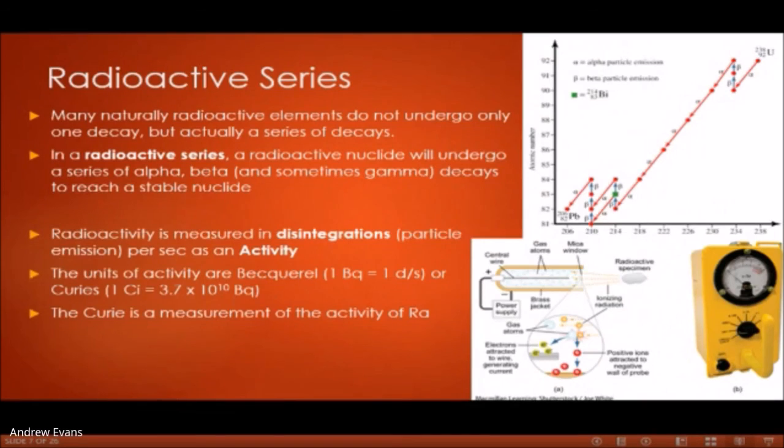Like uranium, you'll see here, uranium starts up here and undergoes alpha decay down here, then 2 beta decays to get up here. Then it's a series of alpha decays. And then it can either go beta, alpha, beta, beta, beta, alpha, or beta, beta, alpha, beta, beta, alpha.